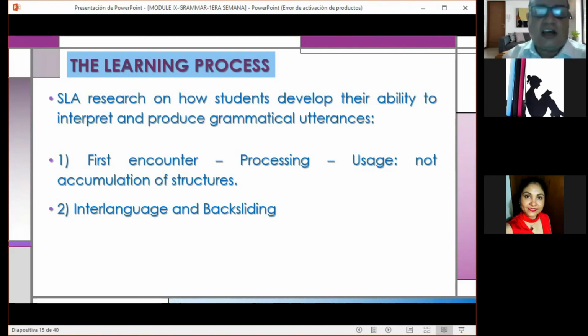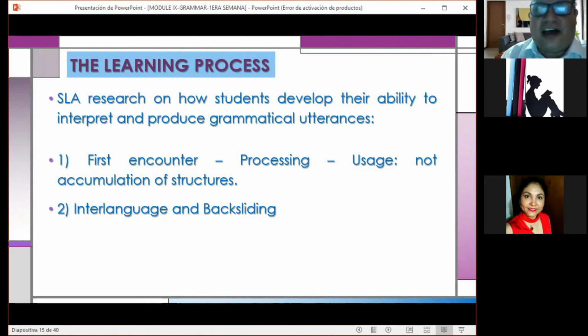For example, a common backsliding or interlanguage in our students is the order of the adjective and the noun. When they are learning this, they can get the idea that the adjective is first and then the noun. So they use the structure that they have in the first language. Oh teacher, yes, I have a house beautiful. I don't know if you have heard your students saying that.